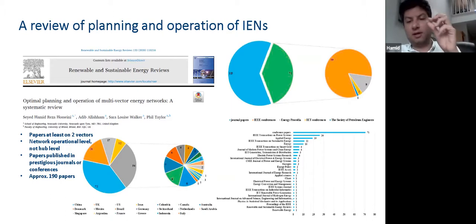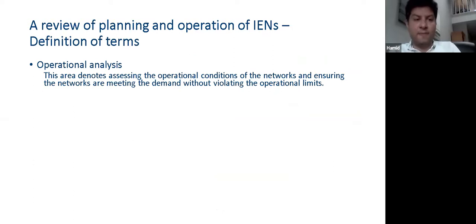You can see 72 papers from China, then 31 from the UK, from the US and Iran, and the rest from other countries with fewer than 10 papers each. So the analysis of integrated gas and electricity networks and integrated energy networks is worldwide and a concern of almost all countries, if you can say it that way.